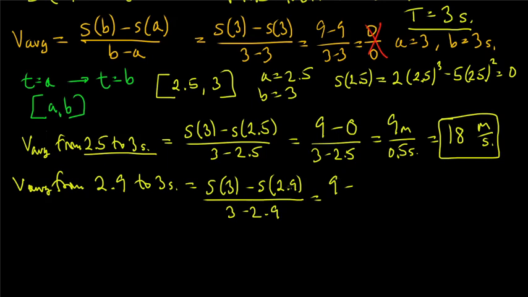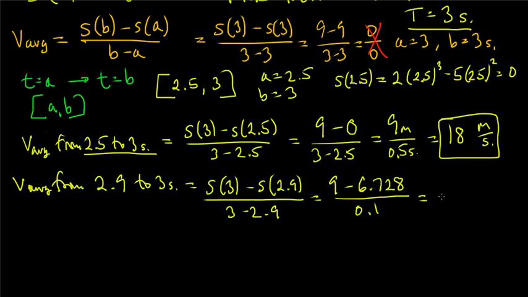And now I have to calculate s of 2.9. Again, I'll just use my calculator, and I get 6.728, in meters. And 3 minus 2.9 is just 0.1 seconds.